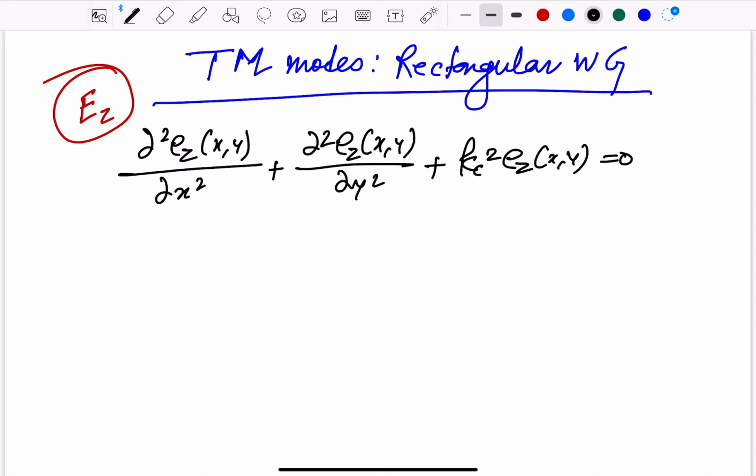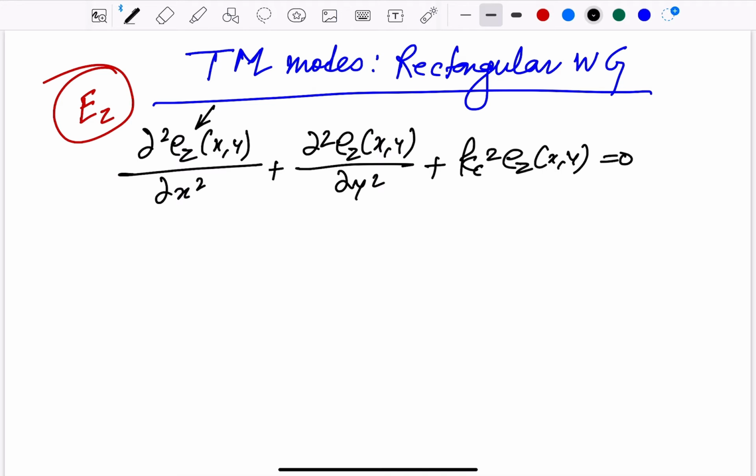Once you estimate your Ez, you can estimate the other transverse components as we did in the TE mode in a rectangular waveguide, because we saw in a previous class that the transverse components we can write in terms of the longitudinal component, which is Ez.